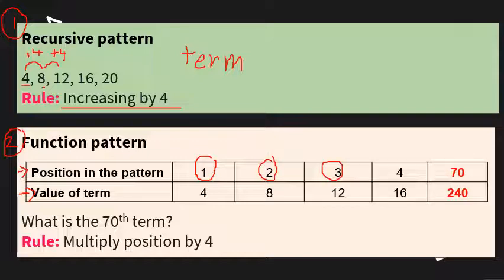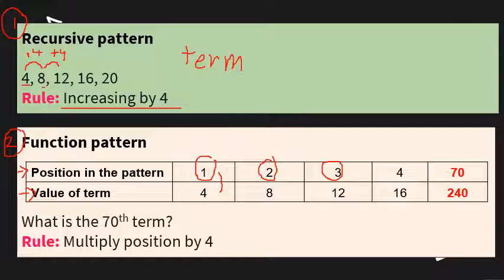So I've got 4, 8, 12. Well, there's a difference here between plus 4, plus 4. But unlike the recursive pattern above, I'm not looking at the relationship between these 2 numbers that are horizontal, so the 4 and the 8. Rather, I'm looking at what's the relationship between the position 1 and 4.